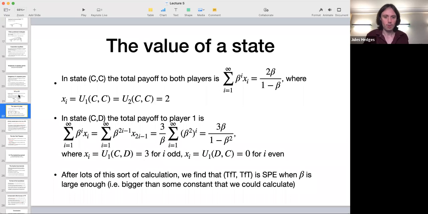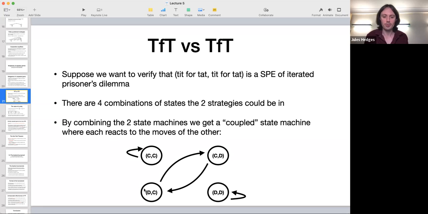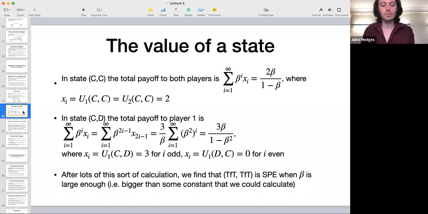Now, what we can do is that for each of these four states, we can work out the payoffs that both players get from being in that state. So let's say we start in state CC, so this is the actual true start state.